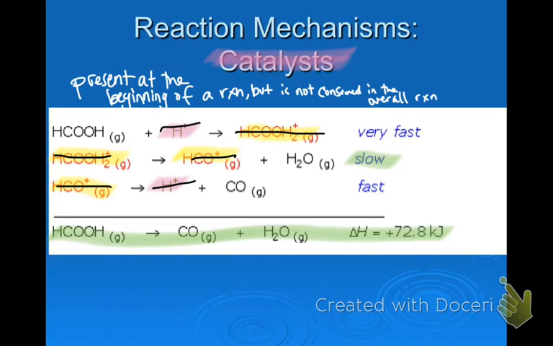So in other words, it's there to start, but it's not changed or consumed during the course of the reaction. It's still there by the end.